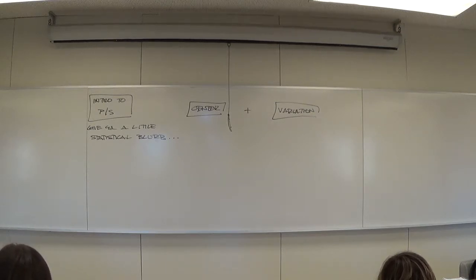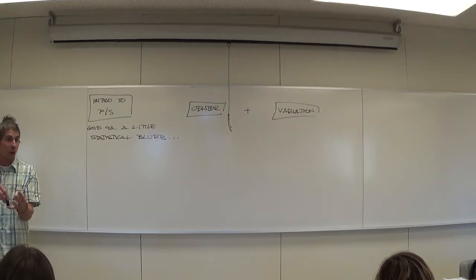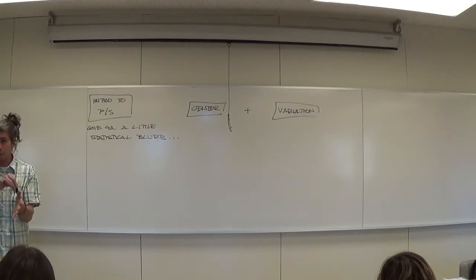And I ask you to identify the sample, the population, the statistic that was gotten from the study, the margin of error on the statistic, and the parameter they're trying to estimate.